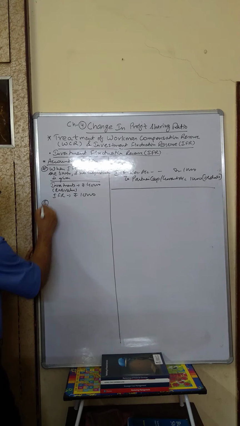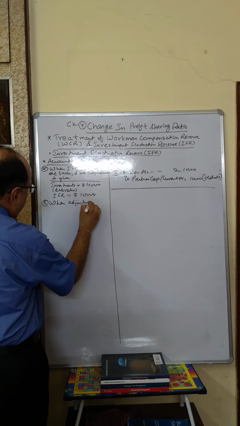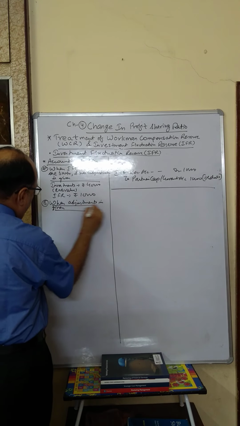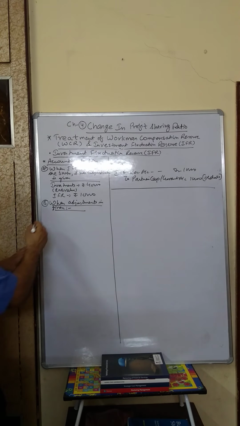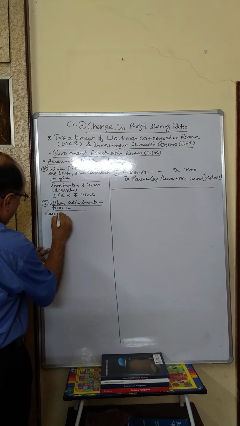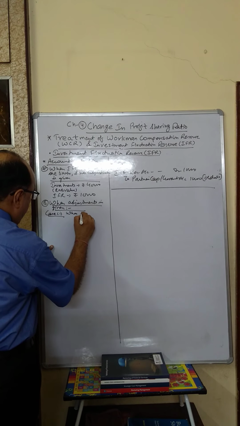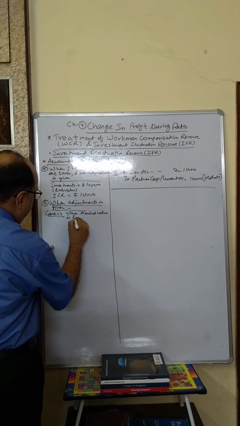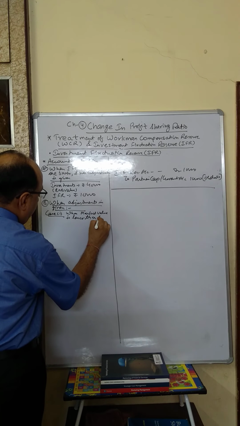Number B. Now if adjustment is given, what will happen? Let's see the case first. When market value is lesser than book value.